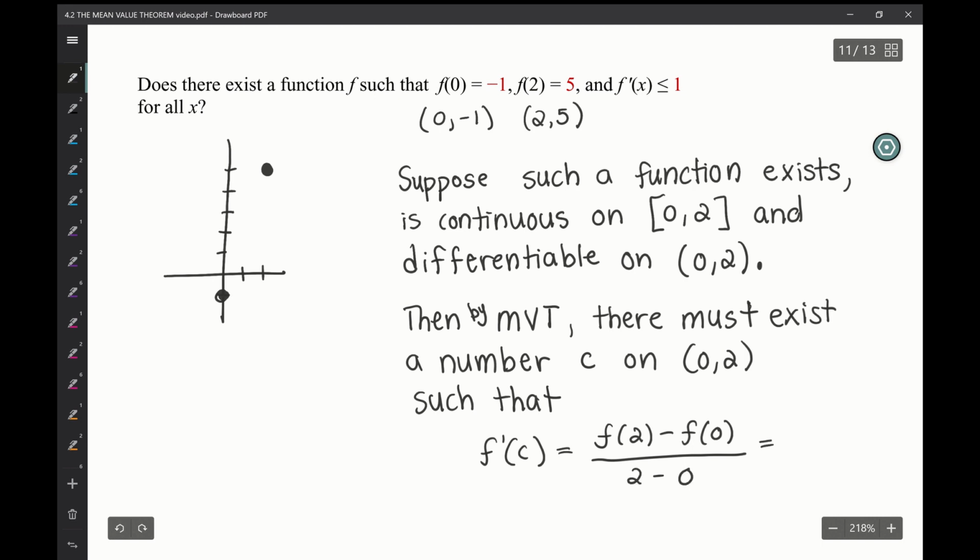So that's equal to 5 minus negative 1 over 2, which is 6 over 2, which is 3.